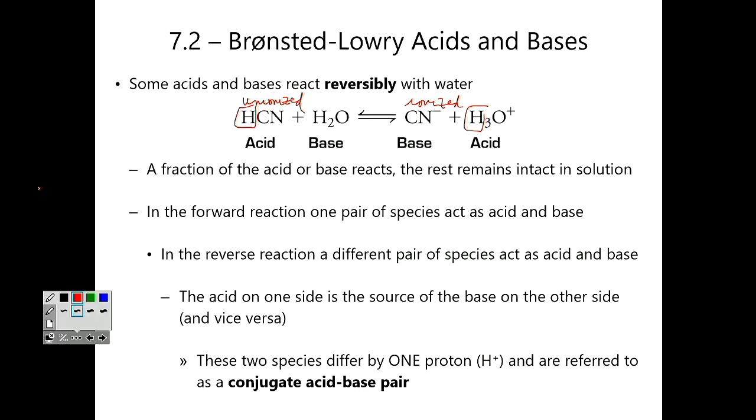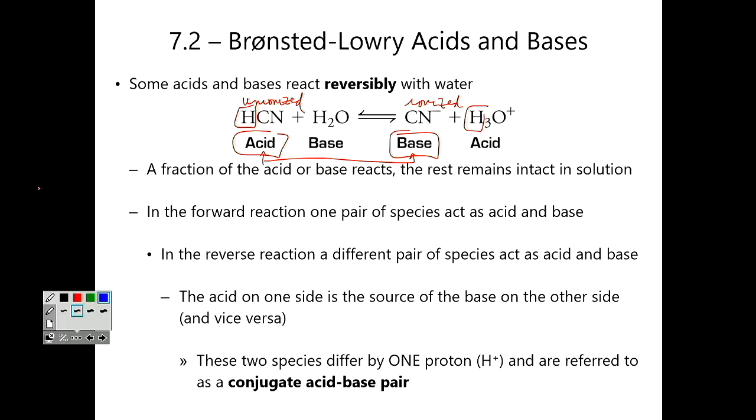When you're making that analysis, what you will also always observe is that the acid on the left is structurally related to the base on the right, and they differ by exactly one proton. Everybody sees that? The HCN and the cyanide differ by exactly one proton.